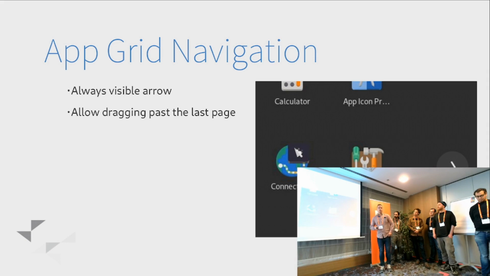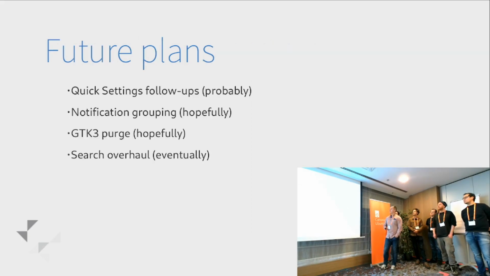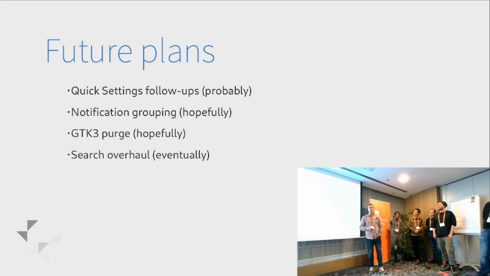So there are now always visible navigation arrows. And it's now also possible to create a new page at the end by dragging beyond the last page. That was what is in released stable versions.